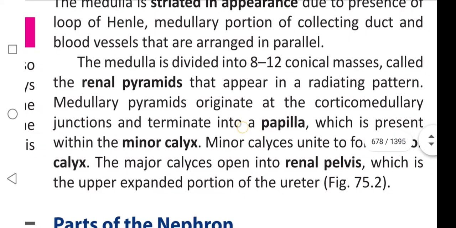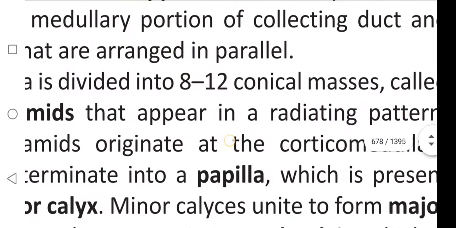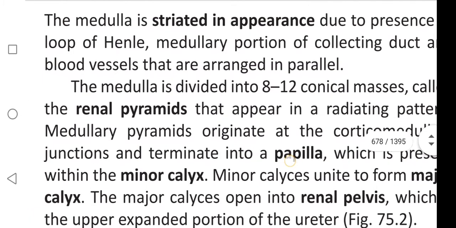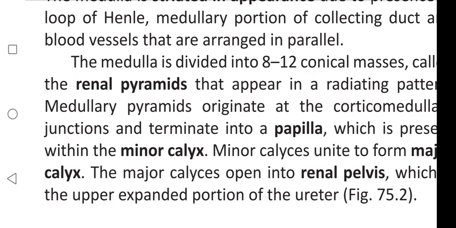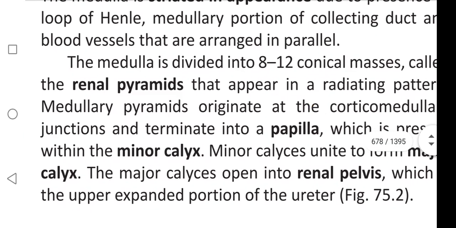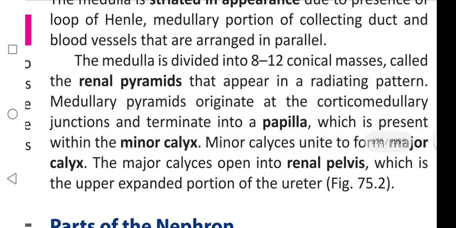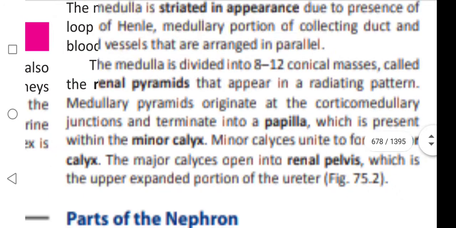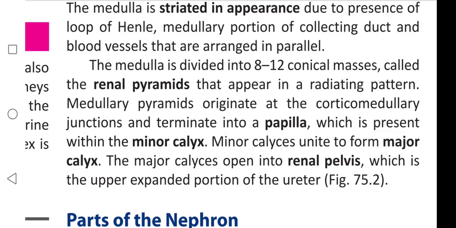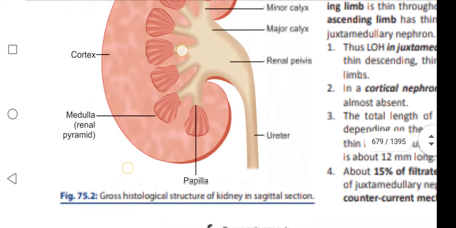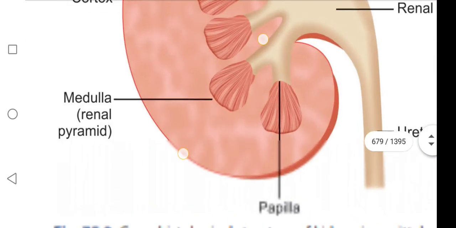Renal pyramids appear in a radiating pattern. Okay, the medulla is divided into 8 to 12 conical masses called renal pyramids that appear in a radiating pattern. Medullary pyramids originate at the corticomedullary junctions and terminate in a papilla.